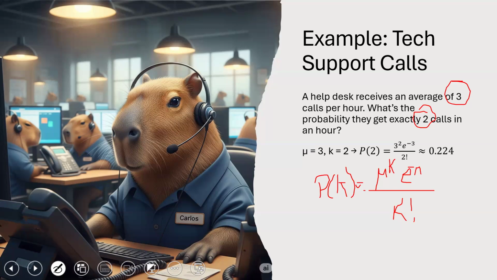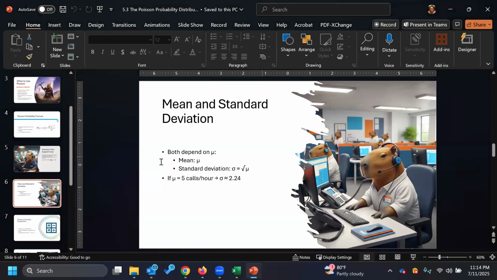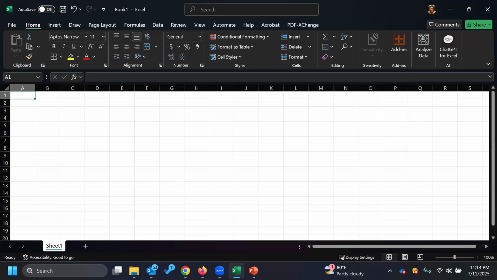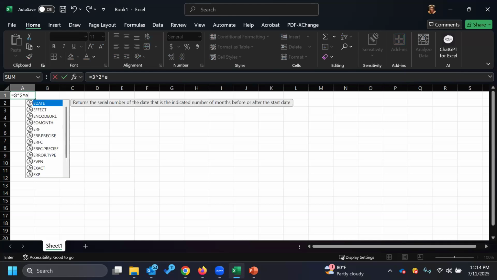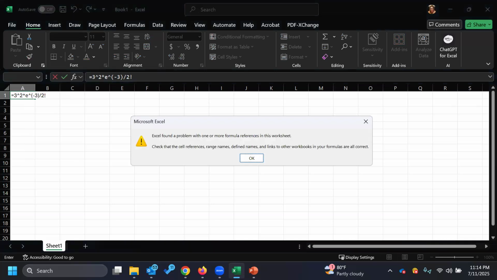All right, so how do we plug that in? Well, there are a couple of ways we can plug that in. I'm going to go to Excel here to show you. Okay, we're doing 2 calls in an hour, right? So we're plugging in 3 squared. So we could do 3 squared times e to the power negative 3, and then divide all that by 2 factorial.